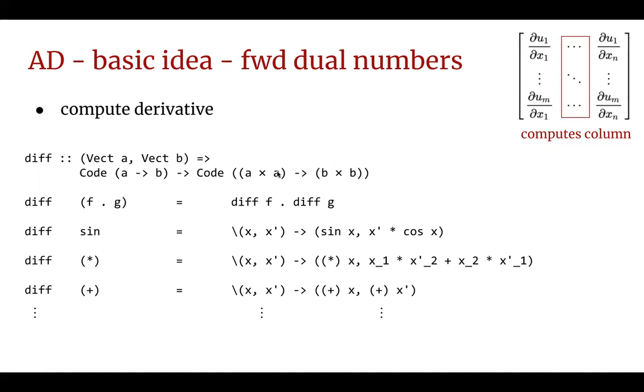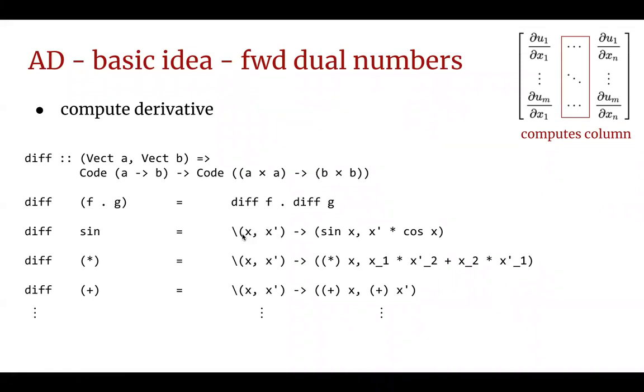Right, so these types are a bit different, but it calculates the same thing as the other forward AD algorithm. But it's much simpler. You'll notice that if we formulate it this way, differentiating f composed with g is the same thing as differentiating f composed with differentiating g. And the derivative of a sine function, for example, is a function that takes an x and an x prime.